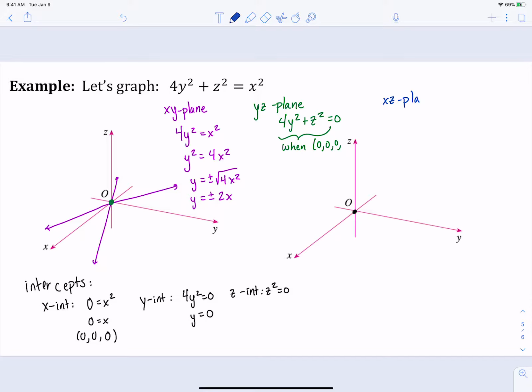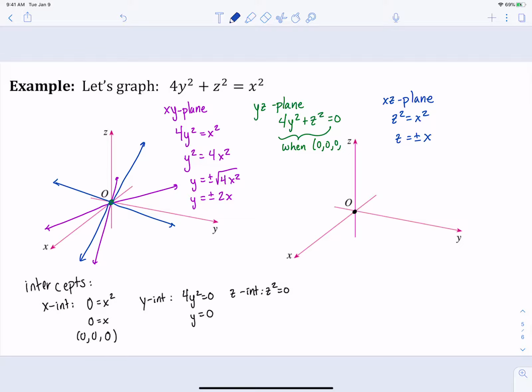When we slice on that xz plane, we're going to get z squared is equal to x squared, or that z is equal to plus or minus x. That's another line. So that's going to go kind of out this way and back down that way. And that's going to go out this way and back down that way. So when we slice, we're getting lines like that.